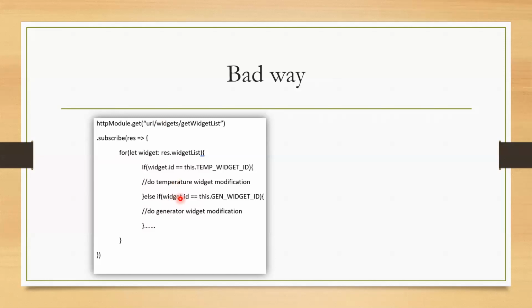If the ID matches the generator widget ID, we do the generator widget coding under that. Likewise, we can continue. Why do we call it a bad way? Anyone have an idea why we call it a bad way?